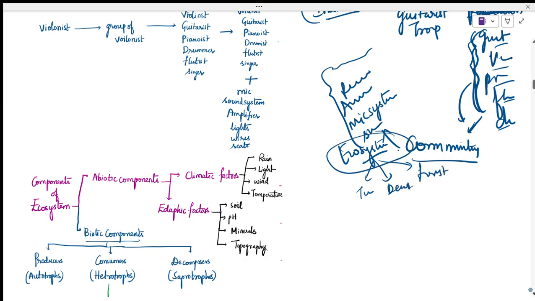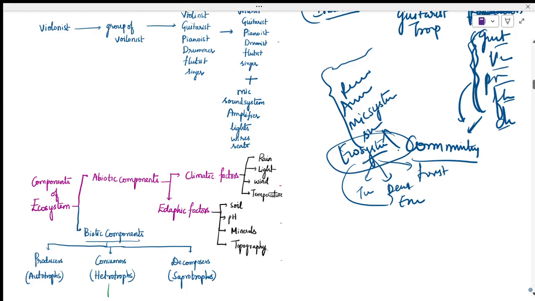This ecosystem we can write like environment also, right? Environment consists of both living and non-living things which is surrounding us and which are influencing us. Yes. So they have made a classification to make the things easier for their research.